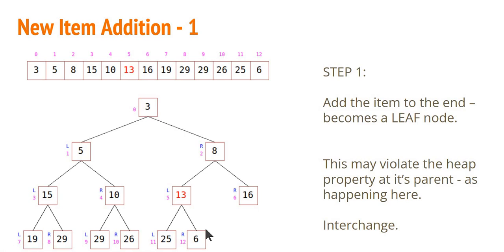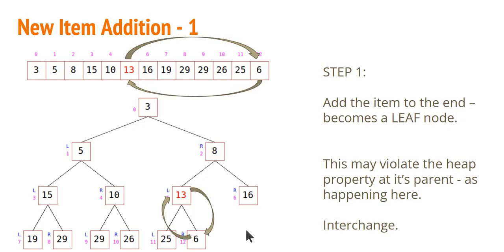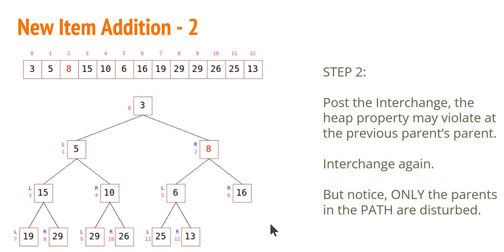Now this is not a heap. However, just like we have seen before, think about it. If I could interchange these two, I will again end up in a heap. And what does it mean? If I were to put this item in index 5, and put this in index 12, I have again got a heap. So I do that. However, when I do that, I realize that there is a violation happening here.